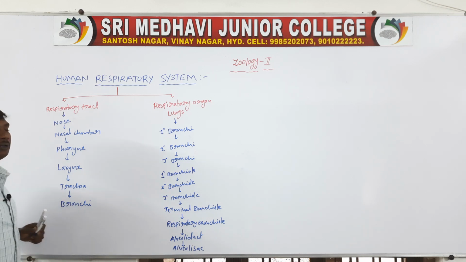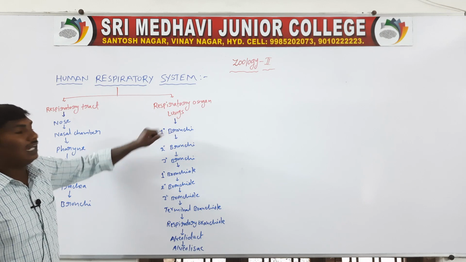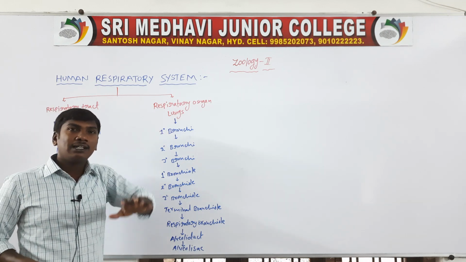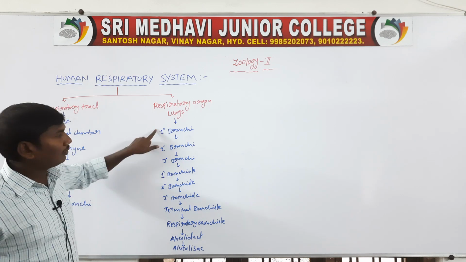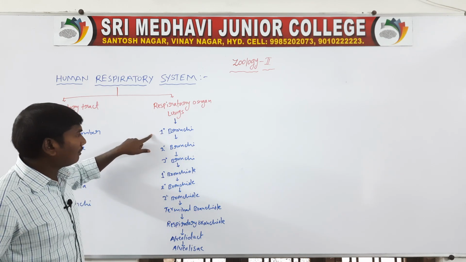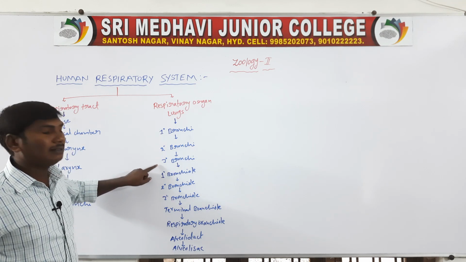The trachea opens into the bronchi. The bronchi open into the lungs. Inside the lungs, the bronchi are divided into primary bronchi, the primary bronchi into secondary bronchi, and the secondary bronchi into tertiary bronchi.